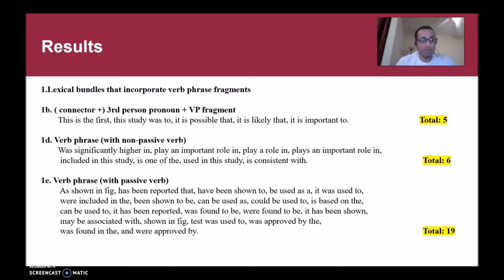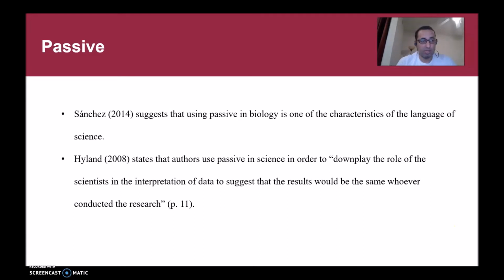So when it comes to the first type, as you can see here, verb phrase with the passive verb is the most common one. So as you can see here, bundles such as shown in figure, has been reported, that have been shown to. So these are the most common one with 19 examples in the corpus.